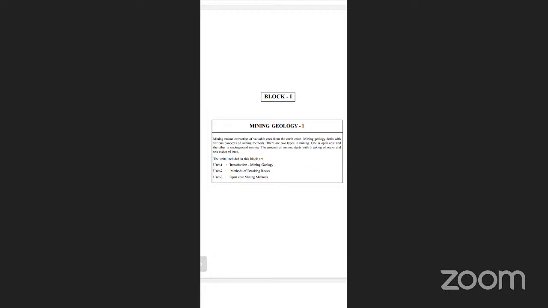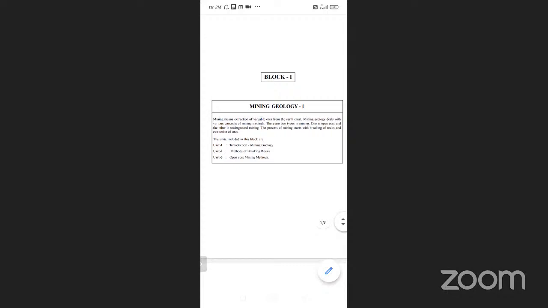What types of mining methods are there? Majorly we have two types: open cast mining and underground mining. The process of mining starts with the breaking of rocks and extraction of ore minerals. So this is a simple introduction to mining geology.